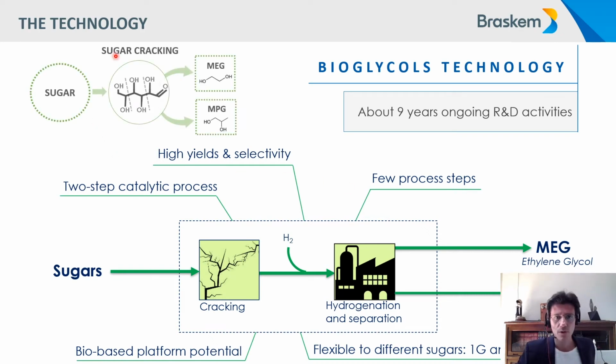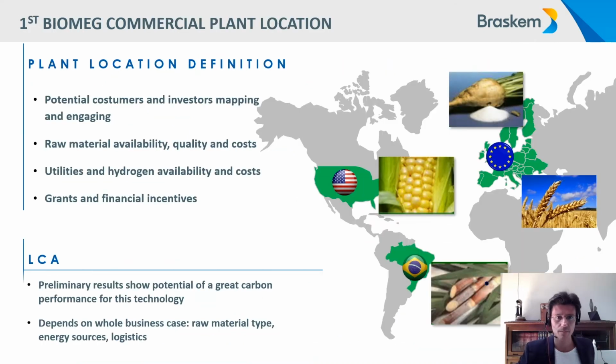As you can see here, you can get very high yields, and our expectation is to have a project that will produce a renewable chemical in a very cost-effective way in comparison to the petrochemical process.